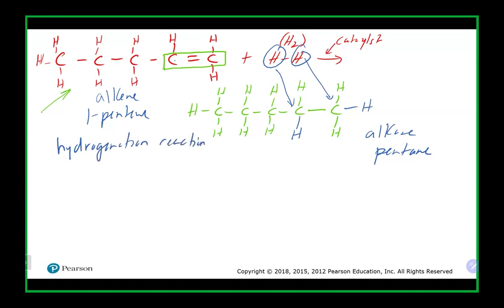By the way, you could also do this with Br2, Cl2, any two things that are kind of the same. So it works the same way. So if I had something like this, and I want to add, say, Br2 to it, why don't you draw what you should get?